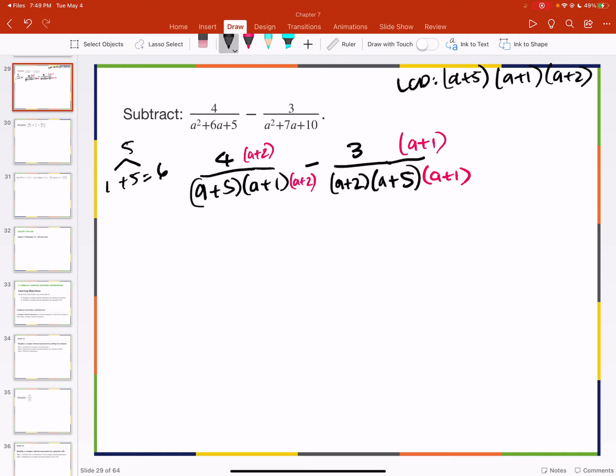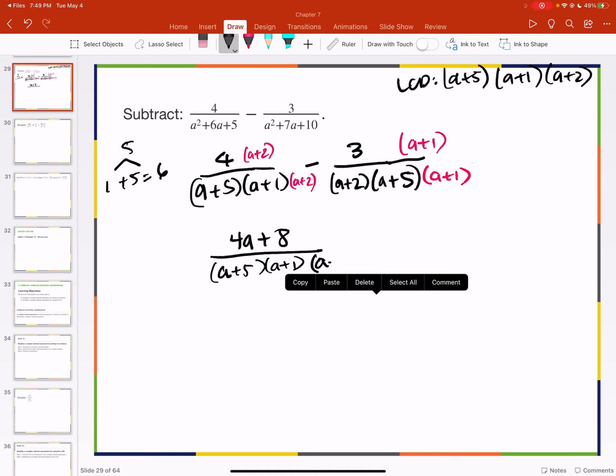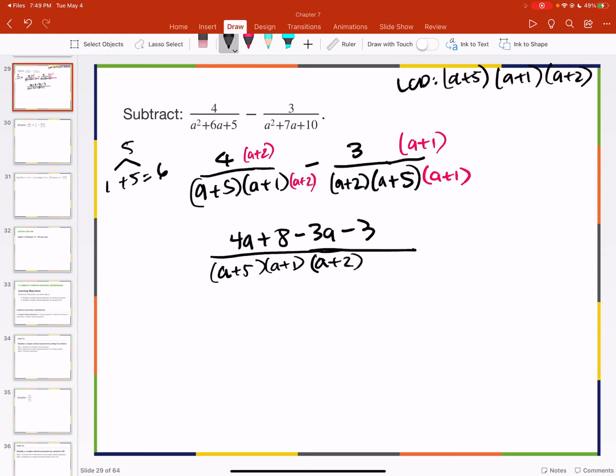Okay, so writing this out, distributing 4a plus 8 all over the LCD, minus 3 times the quantity a minus 1. Actually, I can write this all in one shot: minus 3a minus 3, and then leave the LCD.